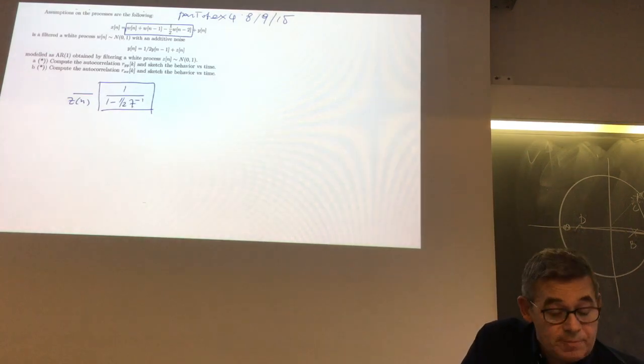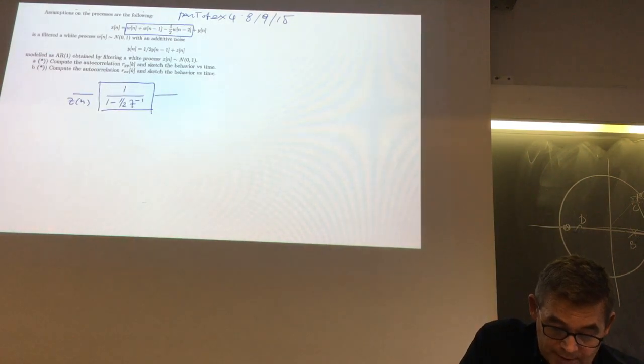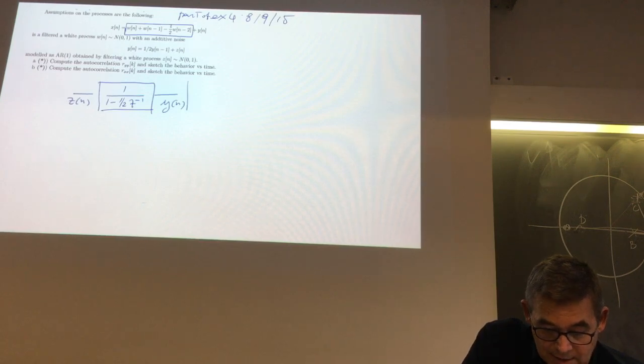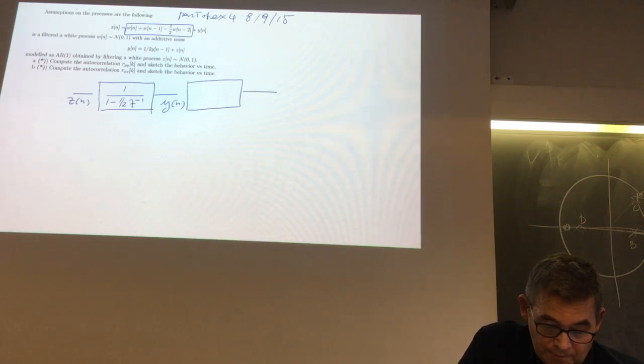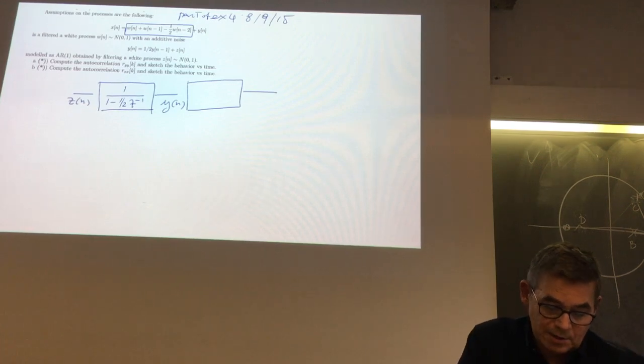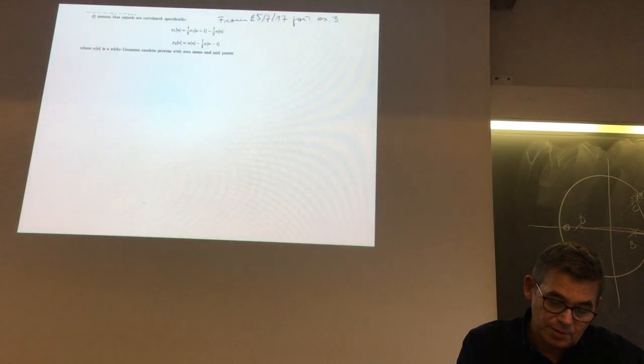We know everything on that. And this is yn. And then xn is obtained by exciting.